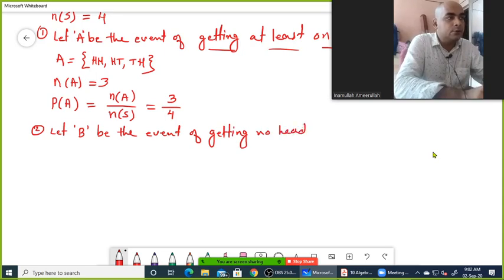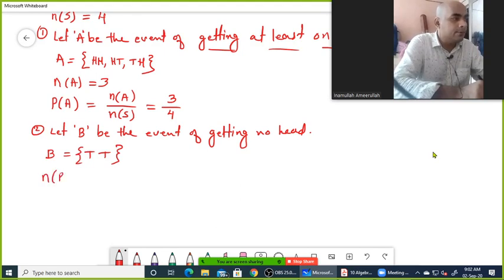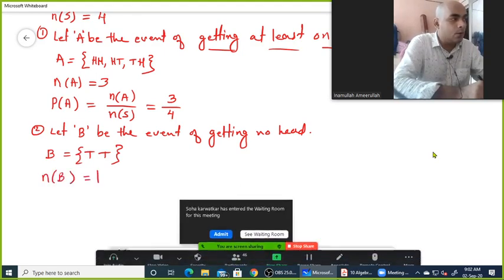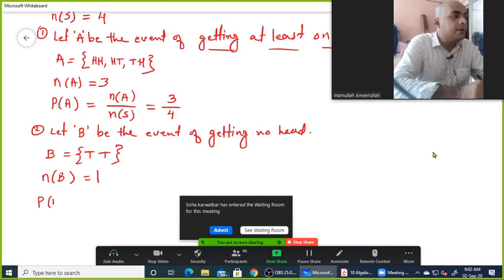It means we don't want a head, only tails. So B will become TT. So number of B is 1. And we need to calculate the probability.